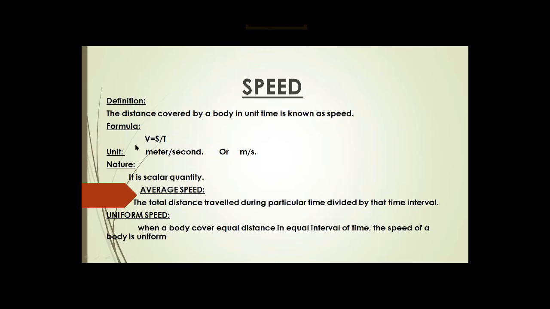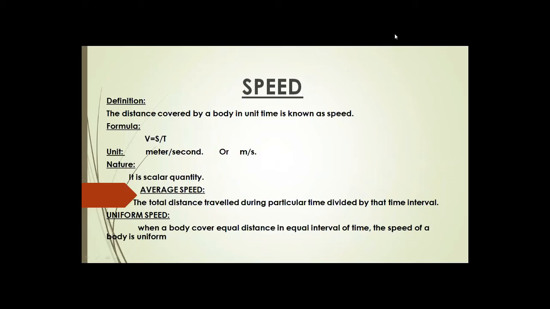So in other words, the unit of the speed is meter per second. Now, the nature of the speed, we can say it is a scalar quantity, because for the speed, no direction is required. So that's why it is said to be a scalar quantity.